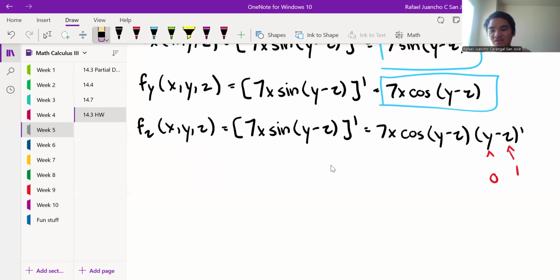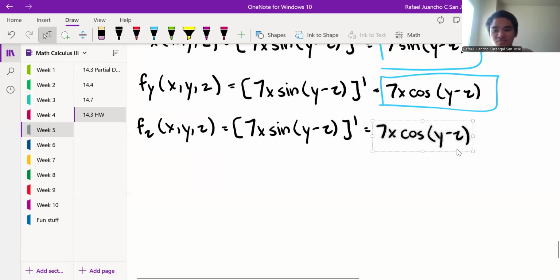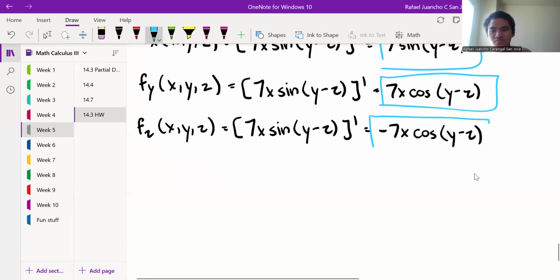And so I just multiply negative. So this is the answer. That's it. So it's really just a copy and paste of the previous answer, but we add a negative, and then we're done.